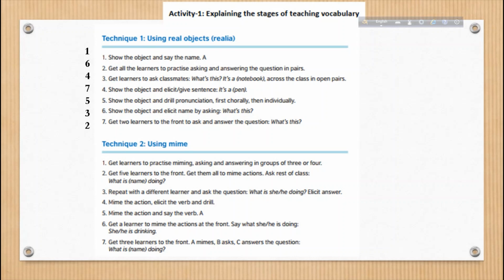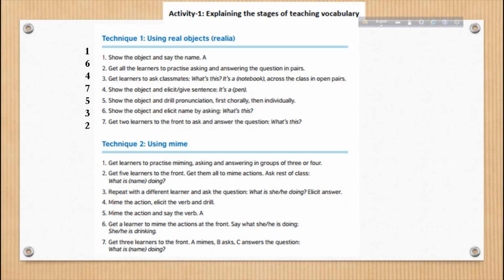And technique 2, using mime. Here are also some statements, 1, 2, 3, 4, 5, 6 and 7, and we have to rearrange them. Our trainee teacher will rearrange it. At first, number 5, mime the action and say the verb. We know that only to teach verbs we use mime.